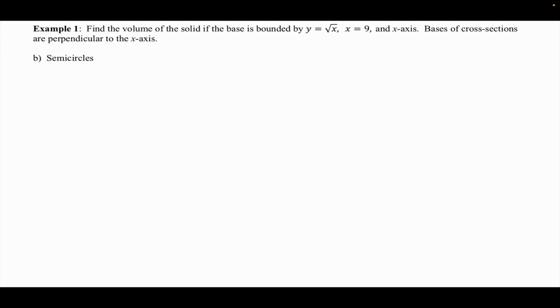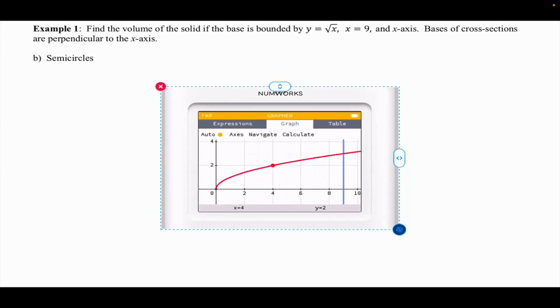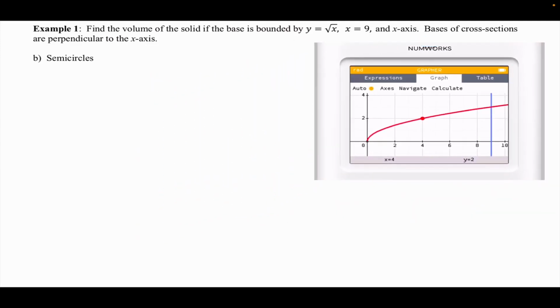So it starts out the same. Right after example 1, the first 2 sentences are exactly the same as the one we just did. So the same picture. The first thing we're going to do is draw the same picture you just did for 1B. It's the same bounded area.